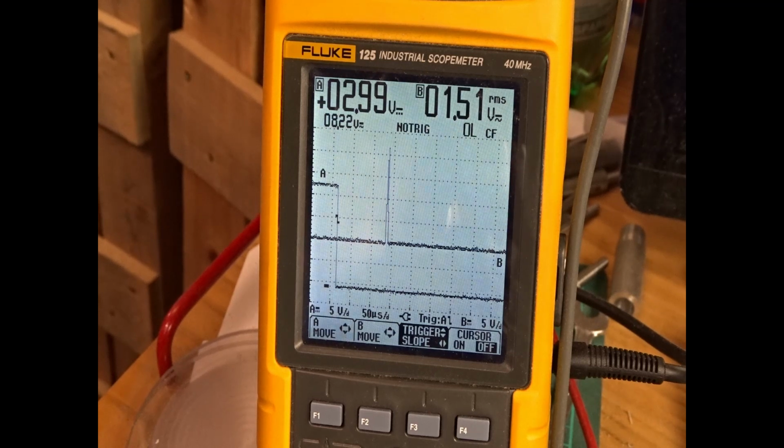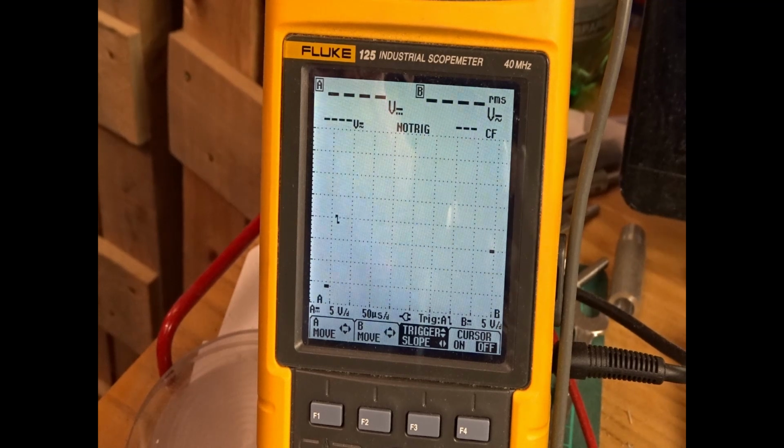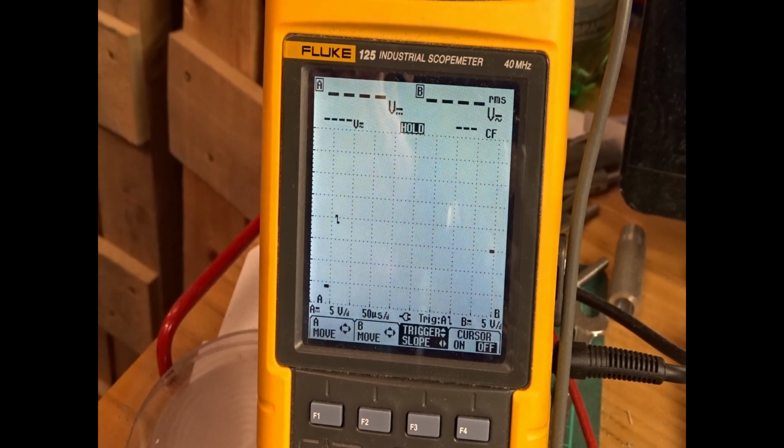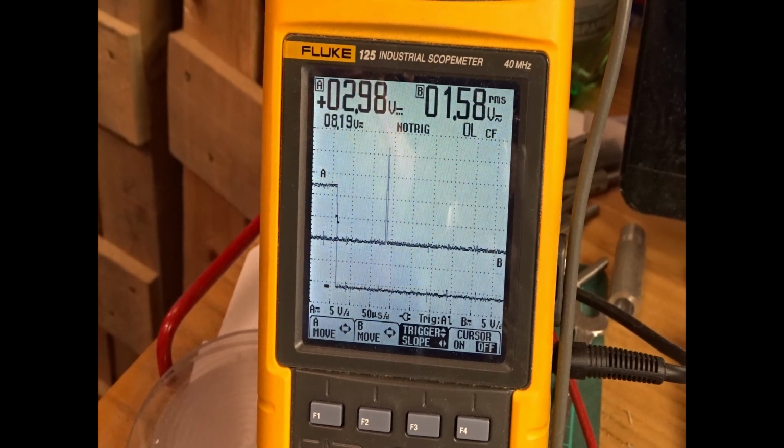Okay, what happens if I load a program? It's just waiting for direction changes and then it's triggering on that.